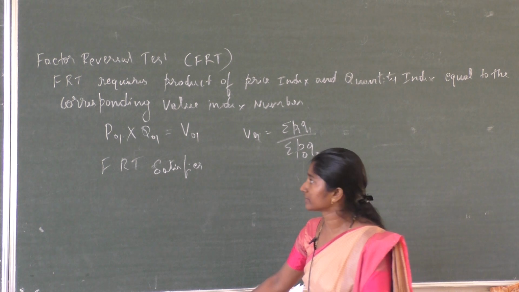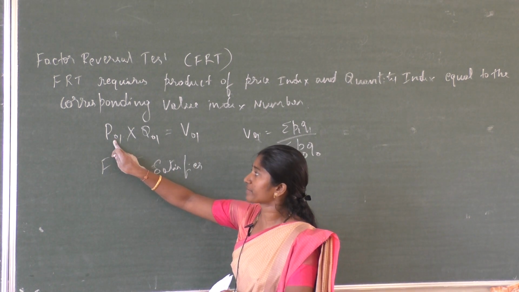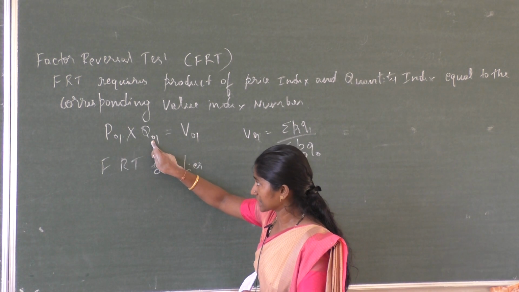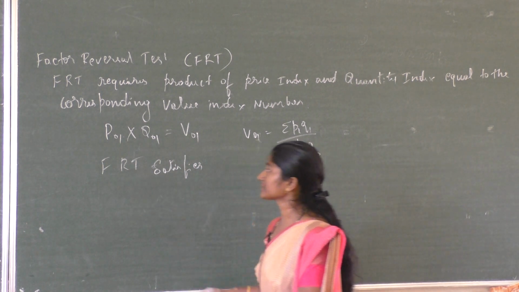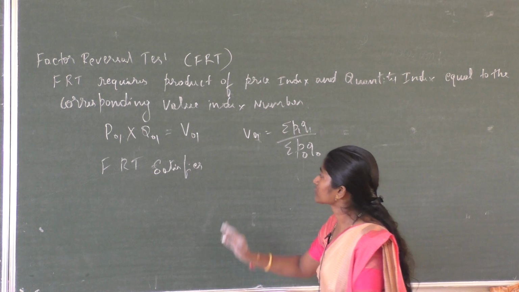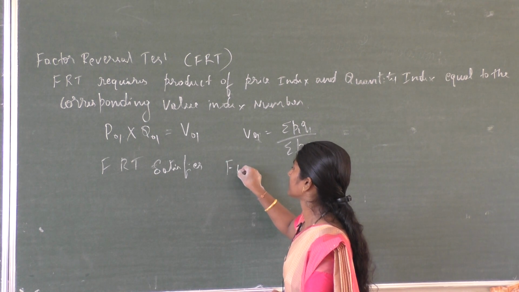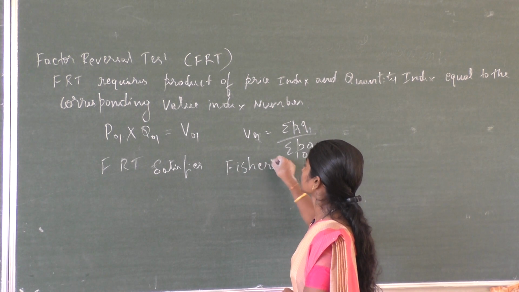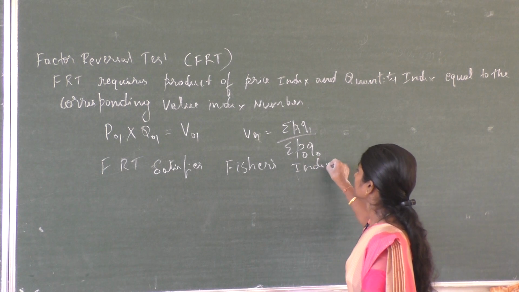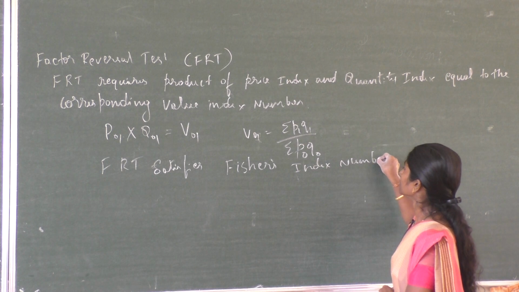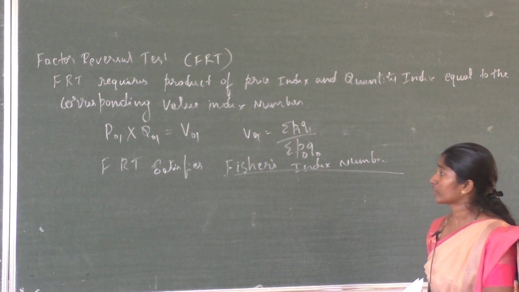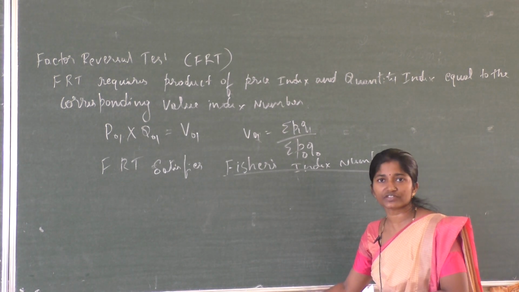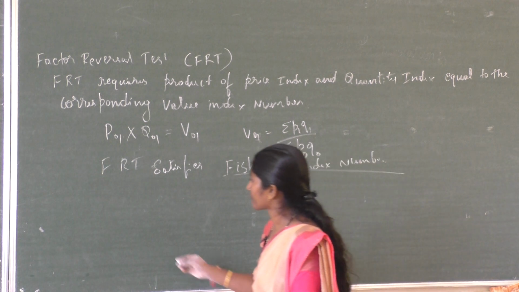We have already done the types of index number: price index number and quantity index number, and this one is the value index number. Now FRT is satisfied only by the Fisher index number. Others, whatever Laspeyres, Paasche's, etc., do not satisfy it.